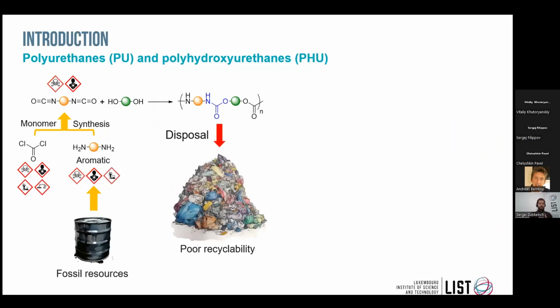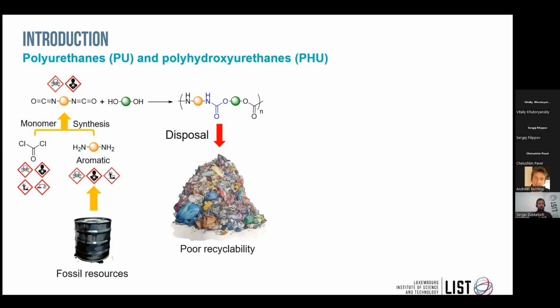So polyurethanes are readily synthesized by reaction of isocyanates and polyols. And depending on the composition of the functional groups, if it's difunctional monomers or polyfunctional monomers, we will have linear polymers or thermosets. However, isocyanates have one huge drawback: they're toxic.